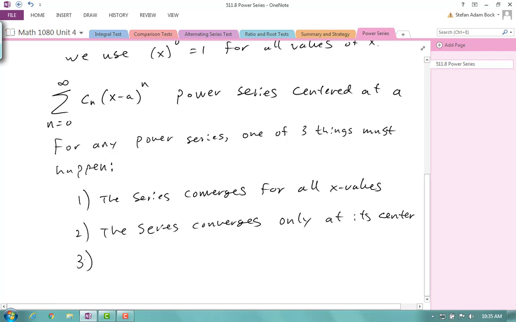For 3, there is a small interval around the center of the power series for which the power series converges, and outside of that interval it diverges.